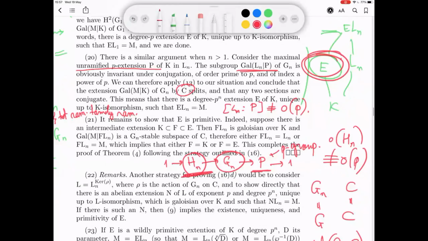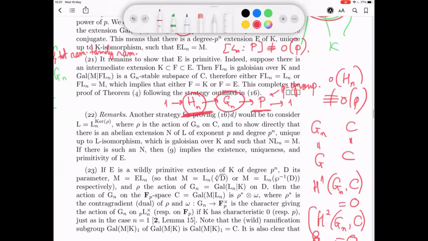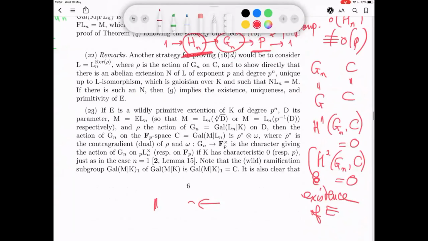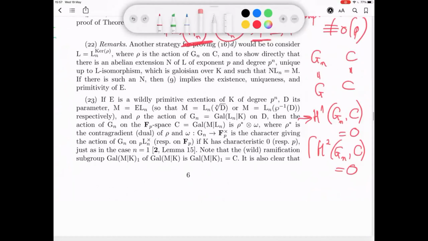But as you said, one has to also prove the uniqueness of this extension, and that comes from the vanishing of this H^1 here. The vanishing of this H^1 says that any two sections are conjugate, which translates as saying that any two E's are actually conjugate over K.